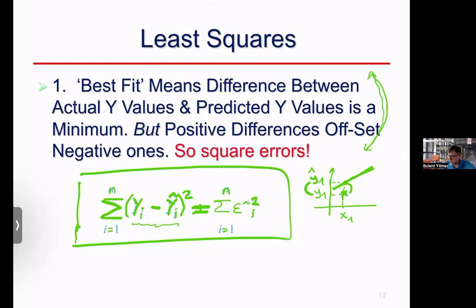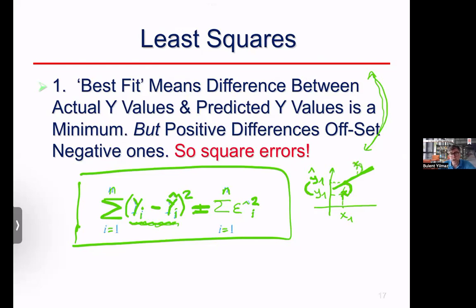And this error will be y1 minus y predicted value squared. Okay, the difference between the actual value and the prediction. I'm going to take the square. Why do I take the square? Because if I add the errors, for example, the error here is negative, and here there is another one, this is my prediction, this is my actual value, this is positive, this is negative.